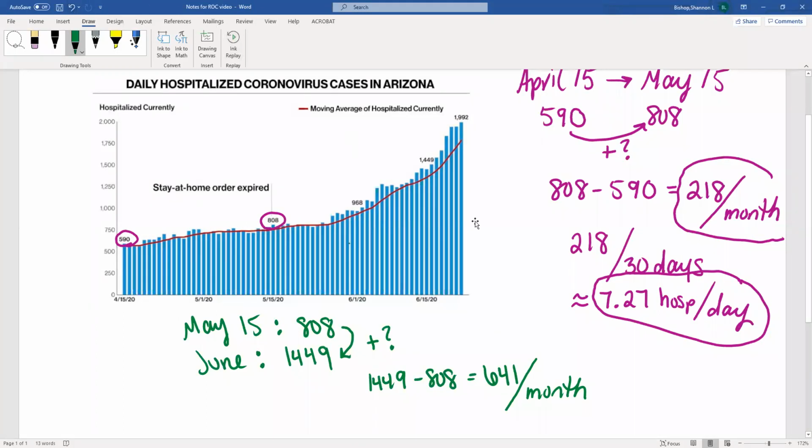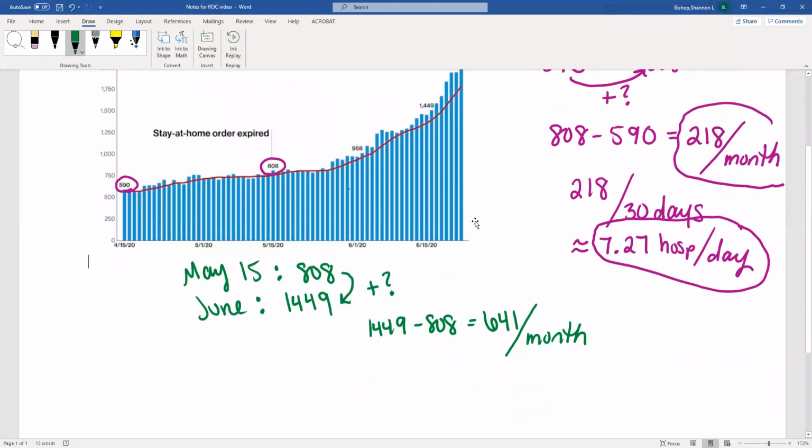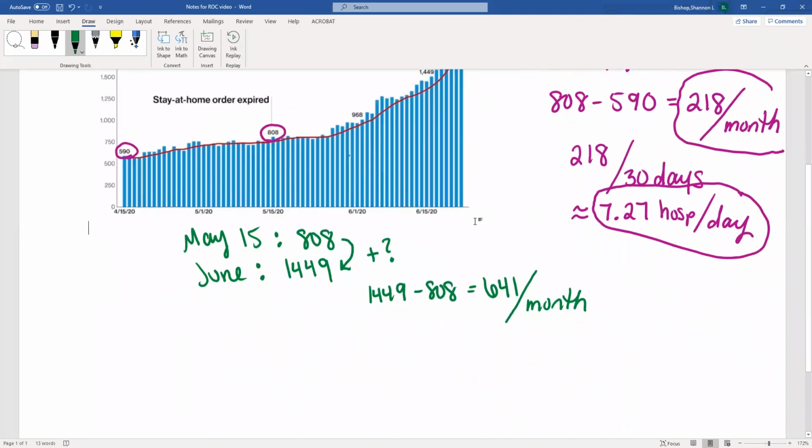Or if you wanted to break that down further and see what it was doing on a daily basis, May does have 31 days in it. So you'd have to incorporate that when you go from May into June. So this one would be an increase of 641 hospitalizations per day over the span of the 31 days in between May 15 and June 15.